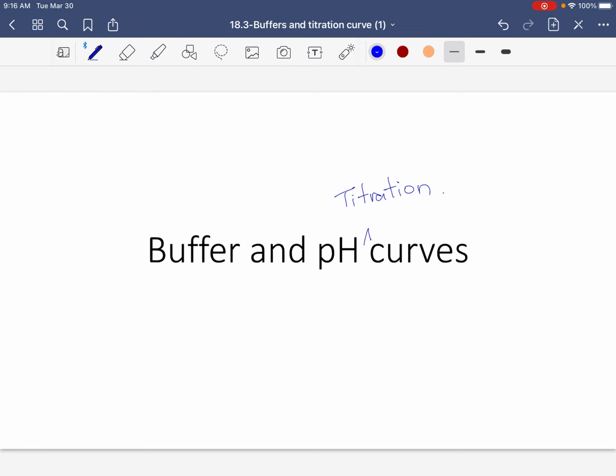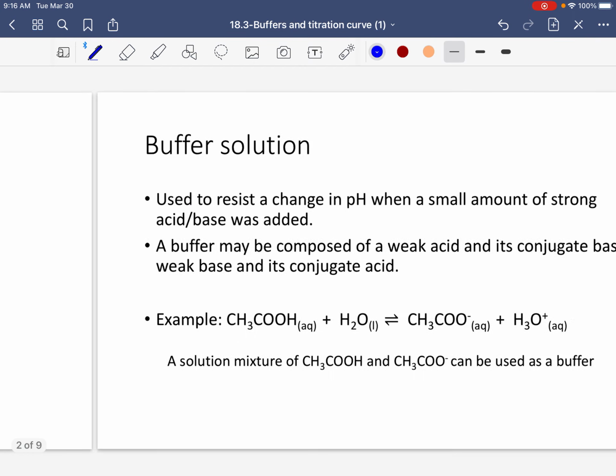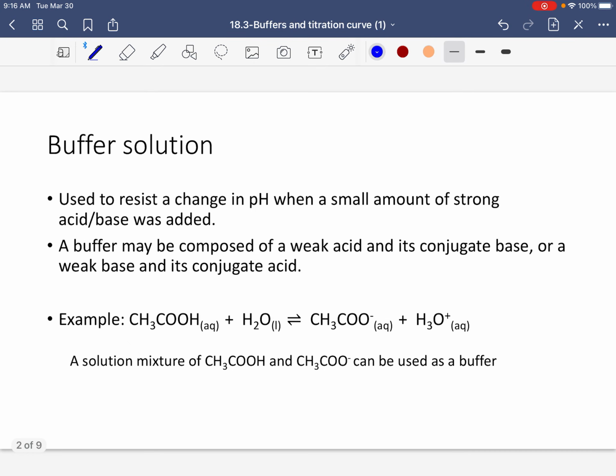So let's talk about buffers. What is a buffer? Well, if you have a solution, and this solution has a certain pH, let's say 6. It's a little acidic, and you want to keep it at 6.